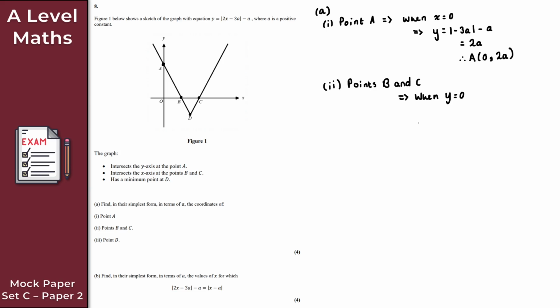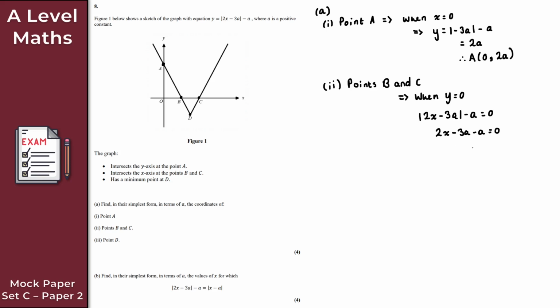So I get the modulus of 2x minus 3a, minus a, is equal to 0. So in that case, 2x minus 3a minus a is equal to 0.